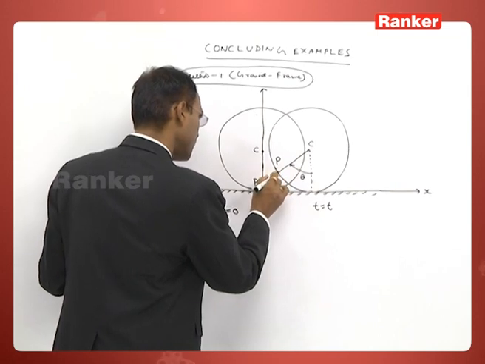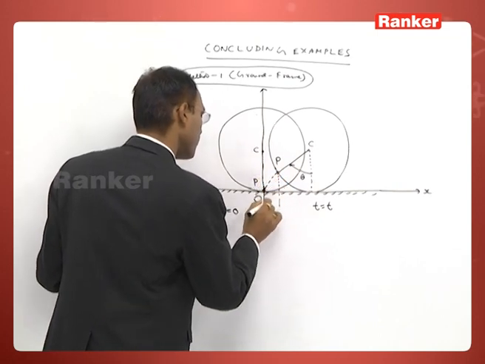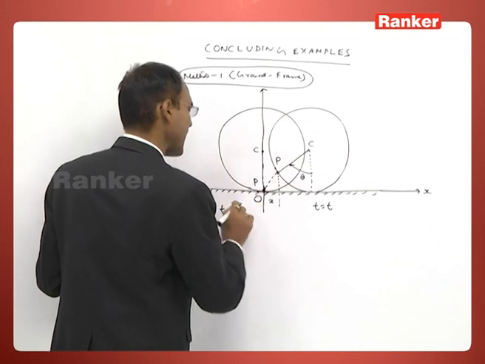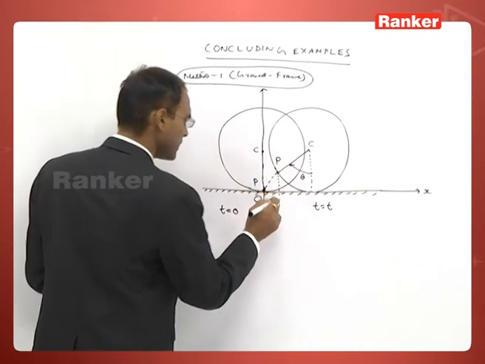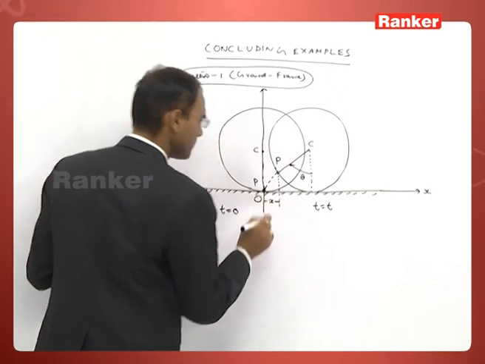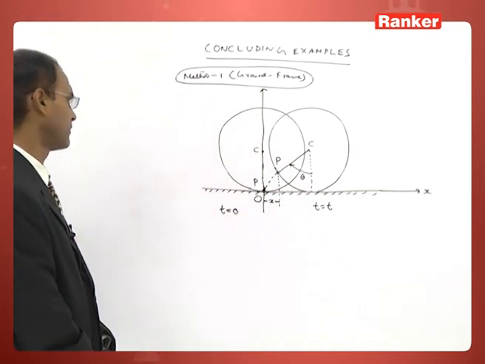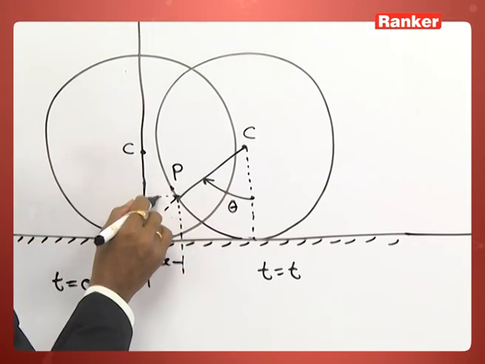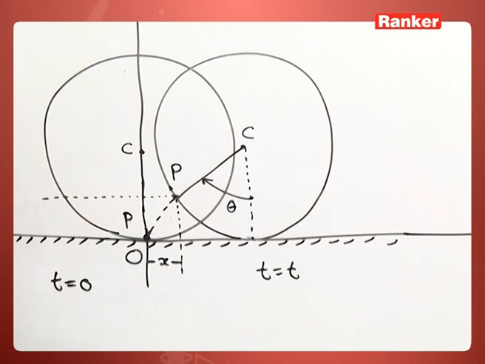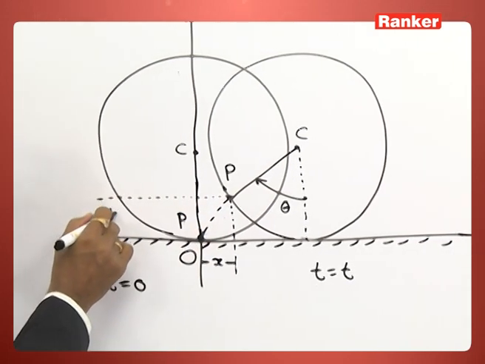Let us assume that the x distance, or the x coordinate, or the x displacement of this point P with respect to this fixed origin be x. And the y distance of this point P with respect to this origin, let it be y.